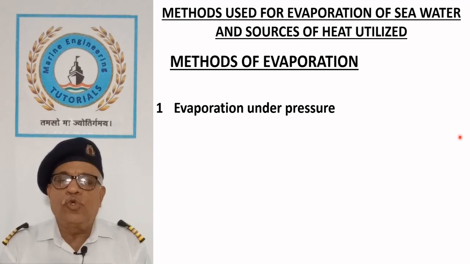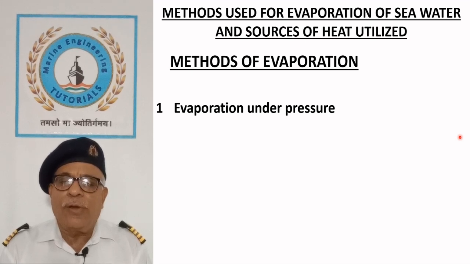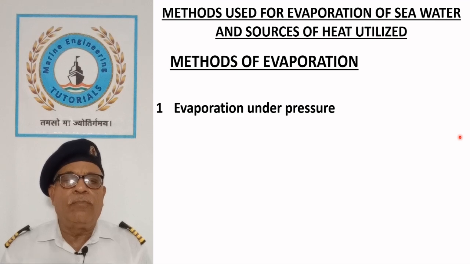This method was used in earlier ships where seawater was evaporated under pressure of 1.34 to 1.48 bar at temperature of 126 degrees centigrade, which caused more scale formation, but the water was free from bacteria.